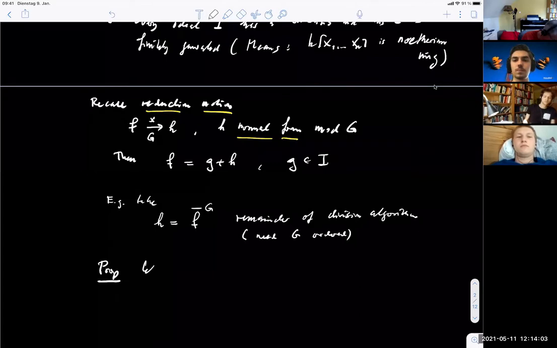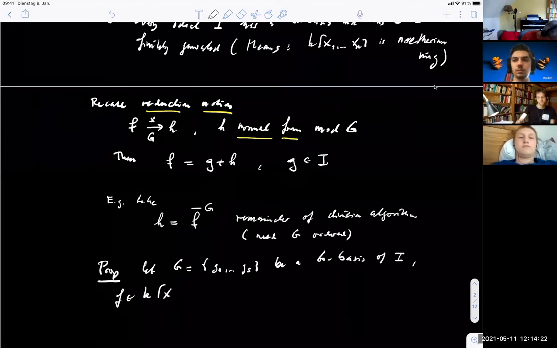Let G be a Gröbner basis, let's say G1 up to GS, be a Gröbner basis of the ideal I, and F a polynomial. Sometimes I just write X, but I mean X1 up to Xn.